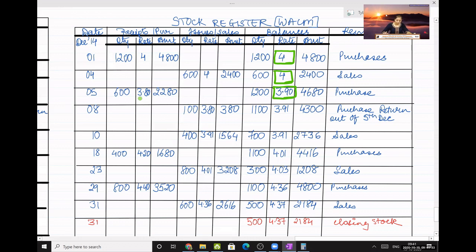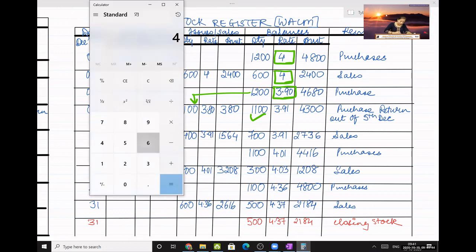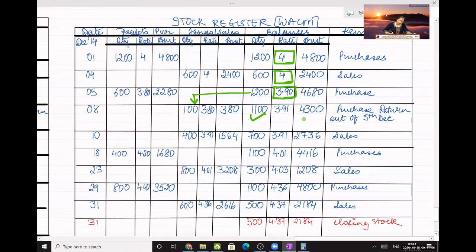Okay. Purchase return. Goods are out from the godown, so they are subtracted. So 1200 minus 100, 1100. Quantity minus, amount minus. 4680 minus 380, 4300.